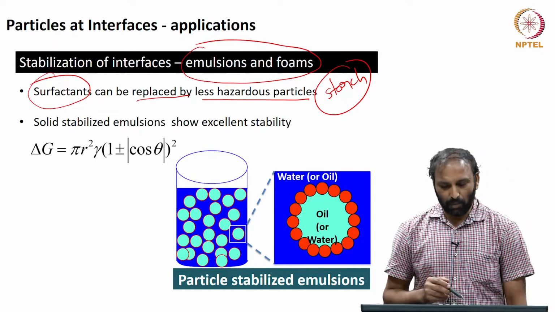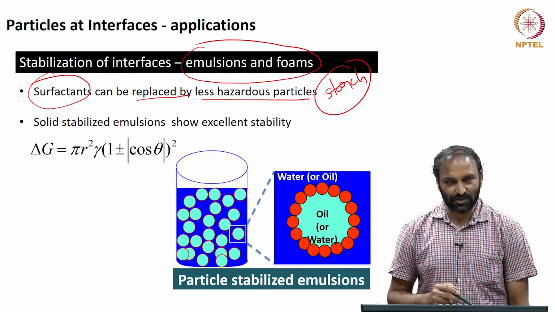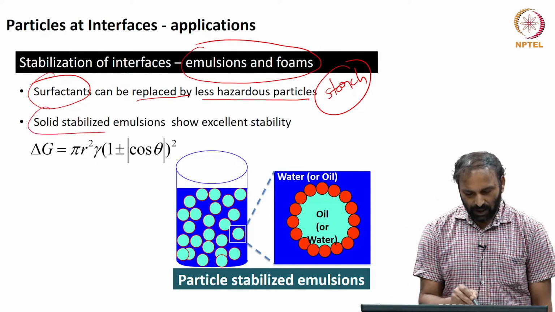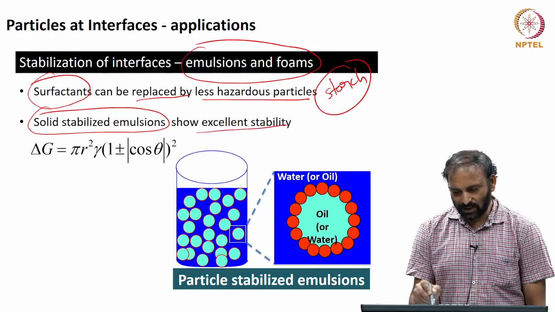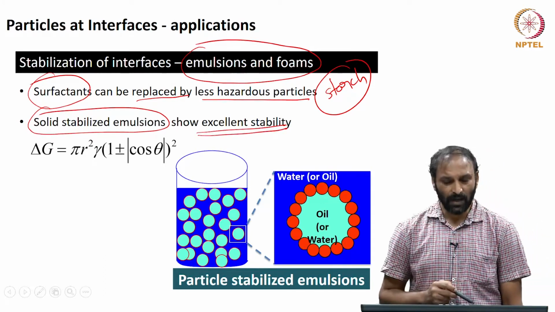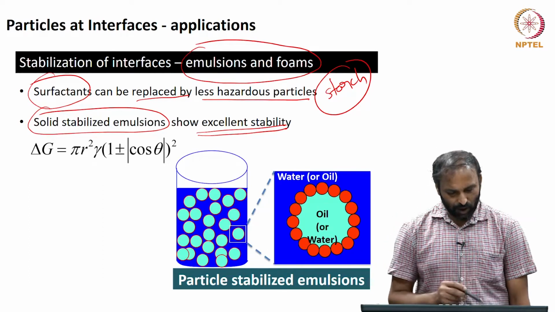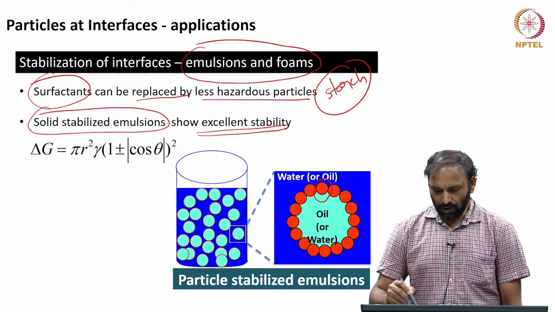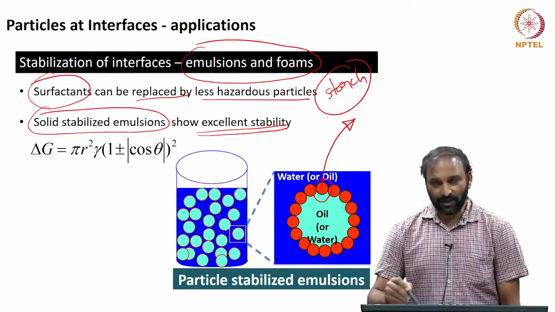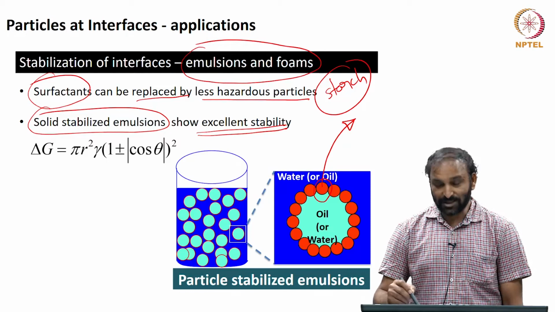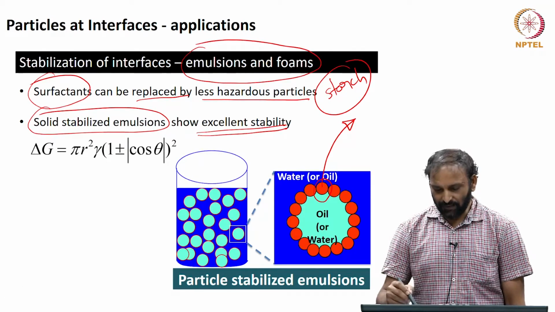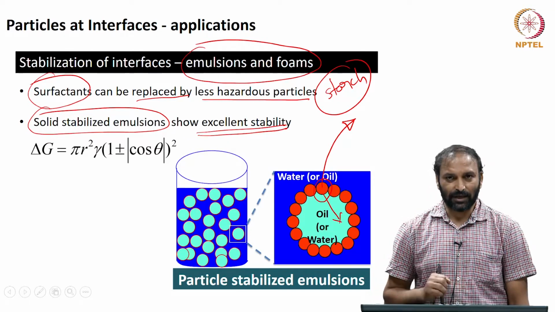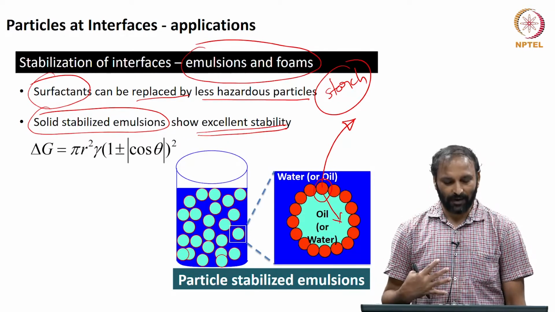The other important consequence of stabilization of emulsions with particles is that solid stabilized emulsions show excellent stability. That is because once the particles are sitting at the interface of the two fluids, to dislodge a particle from the interface, either into the aqueous phase or into the oil phase, requires a lot of energy.